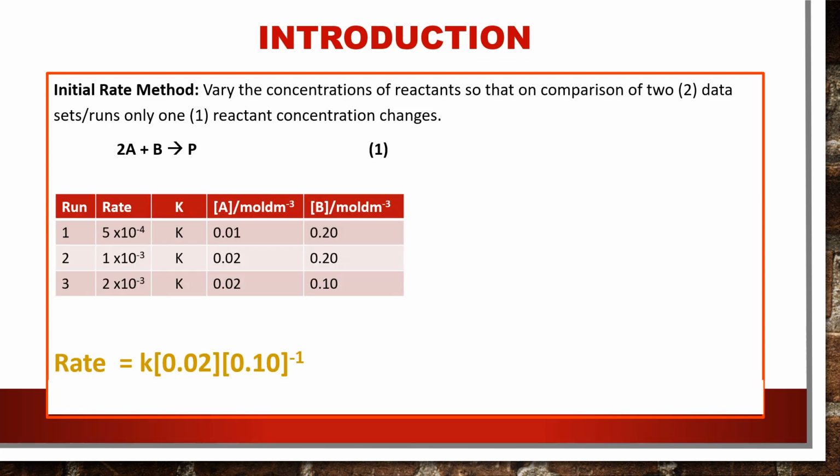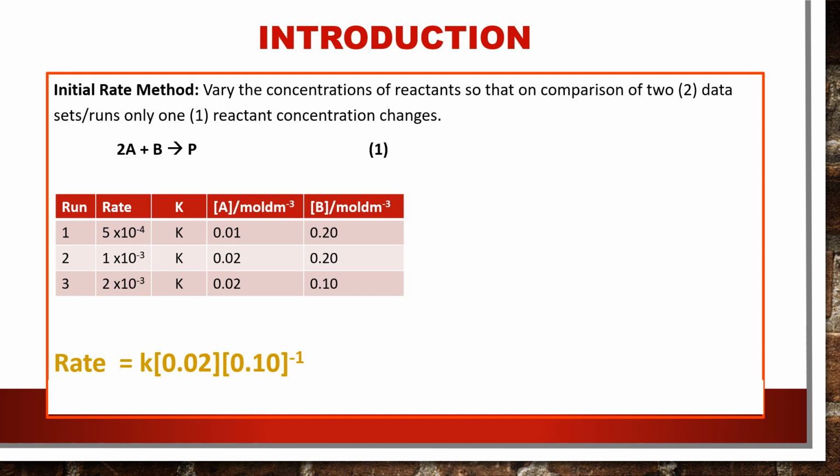When using this method, the experiment is usually carried out several times and the concentration of only one reactant species is allowed to change at a time. This is done so that when 2 runs or experiments are compared, the concentration of the reactants will be the same except for only one species, and thus this can be manipulated to find the order with respect to that species. Let's look at how this is done.